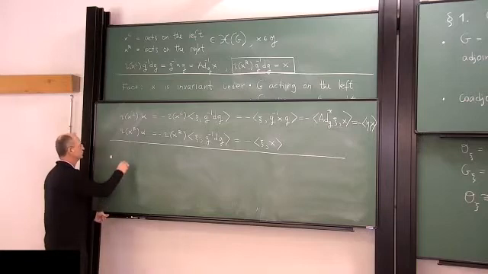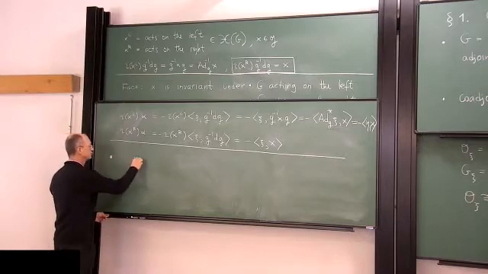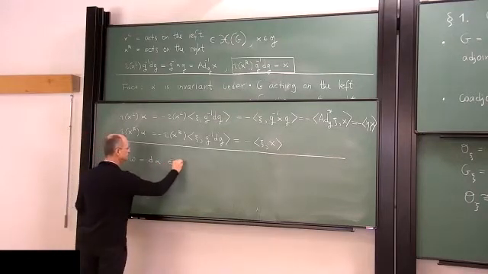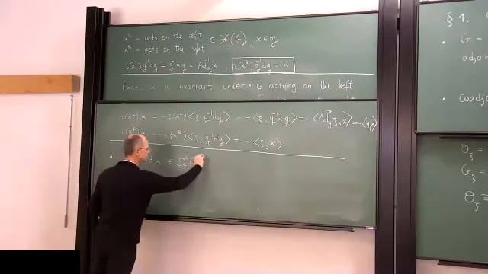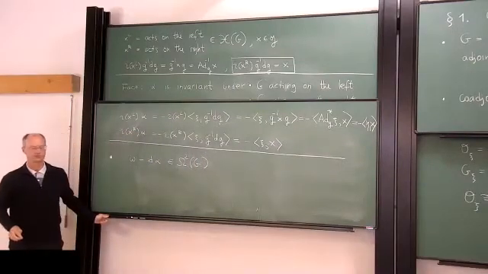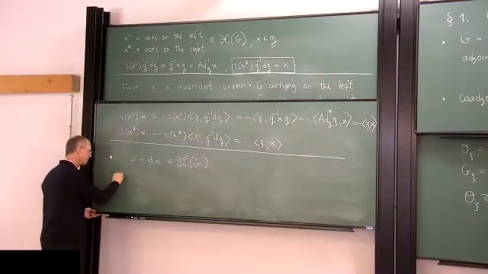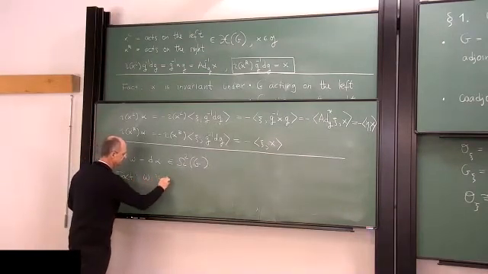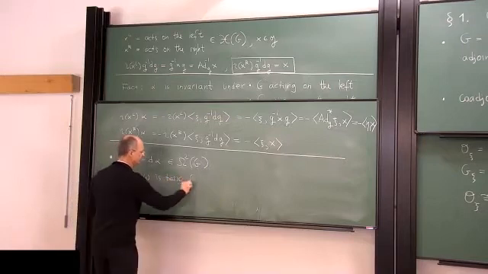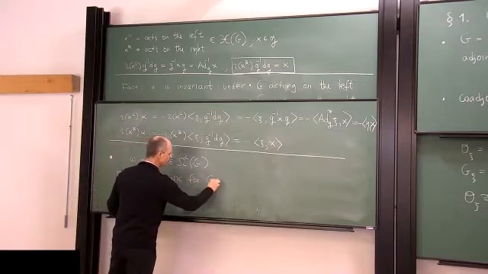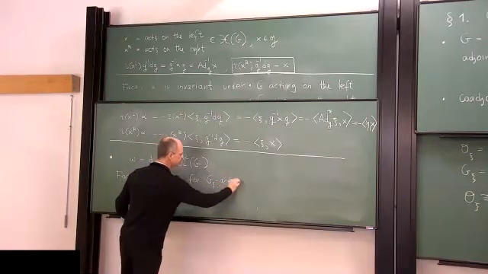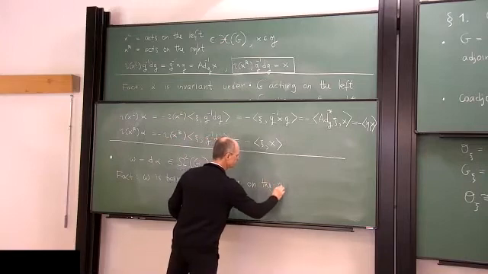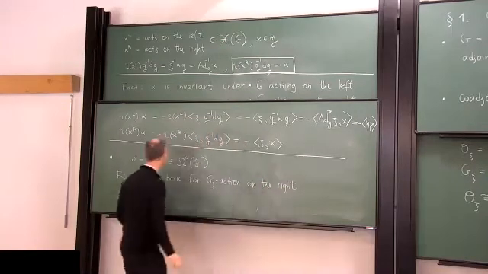So alpha was a one form. Now we define a two form, which is equal to d alpha. And this is still a two form on G. So the claim is omega is basic for the G psi action on the right.